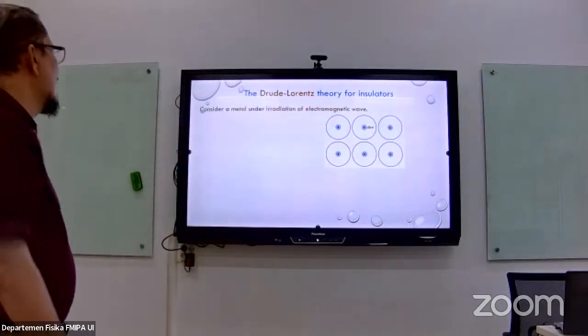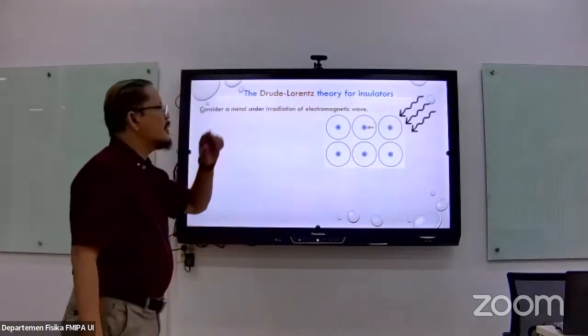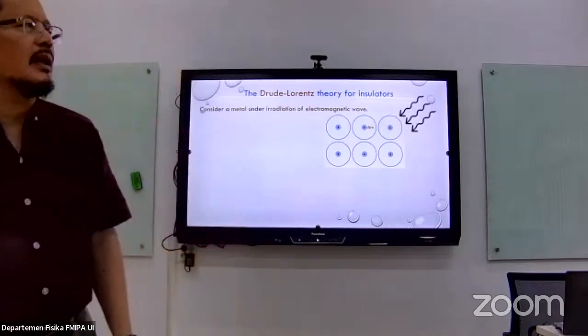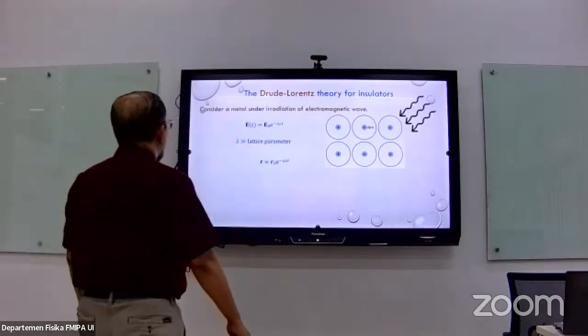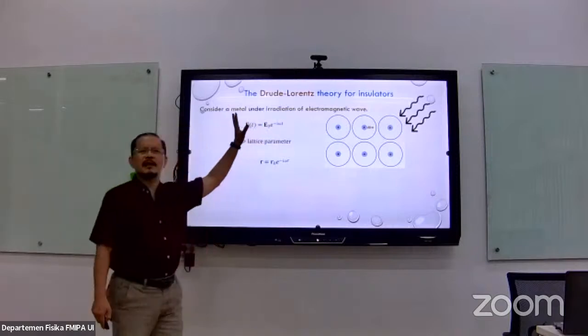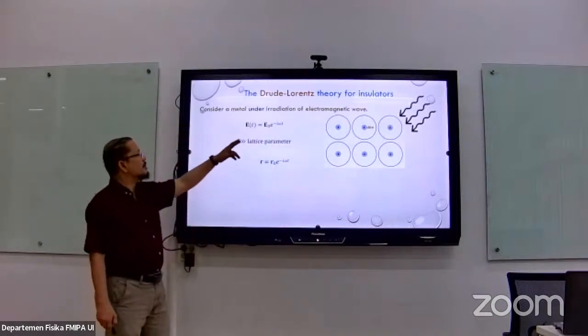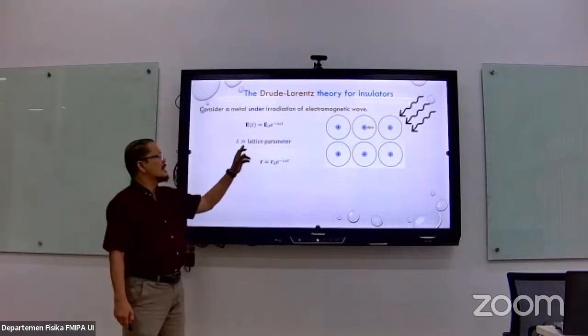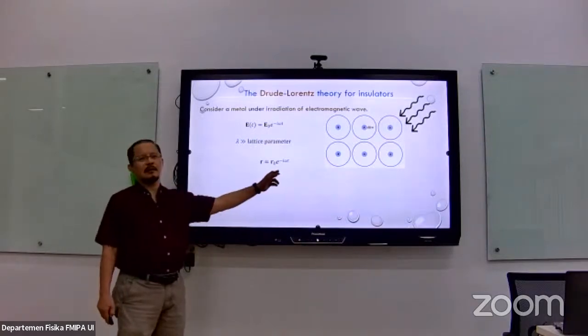Okay. So if we shine that wave on the insulator, again we have exactly the same way of thinking, right? We have the E like this, and then we have the r like this.